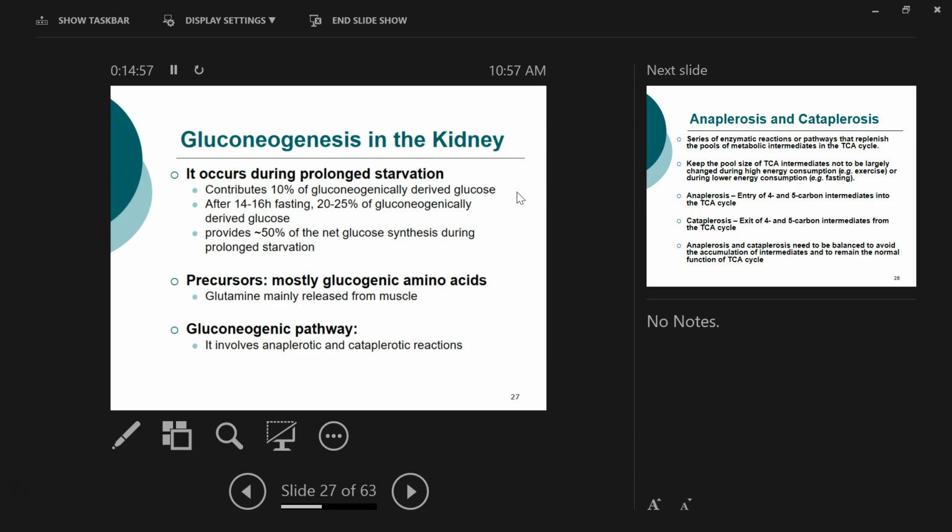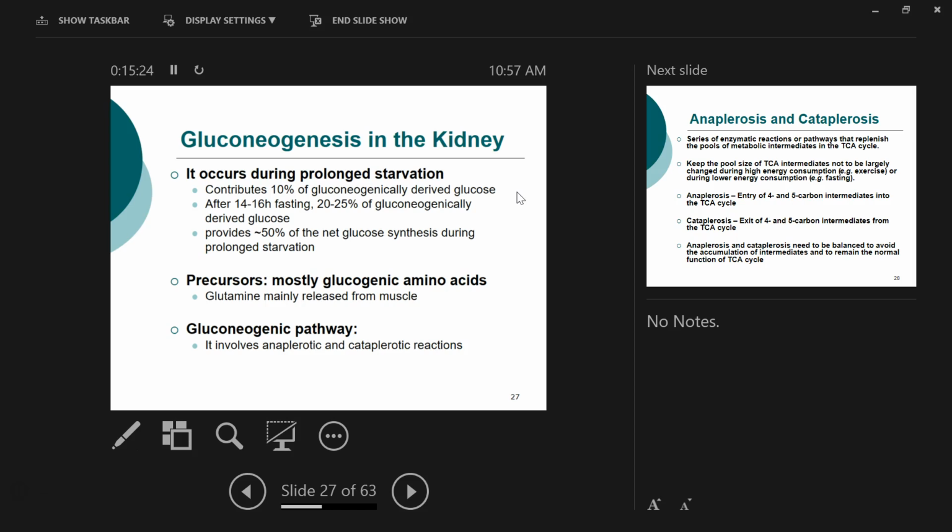So for example, after 14 to 16 hours of fasting, 20 to 25% of the gluconeogenically produced glucose actually comes from the kidney.